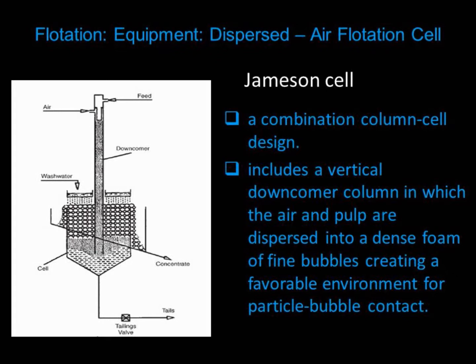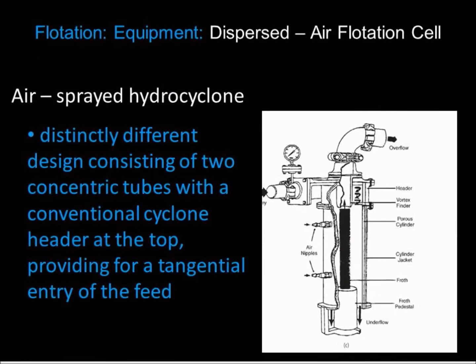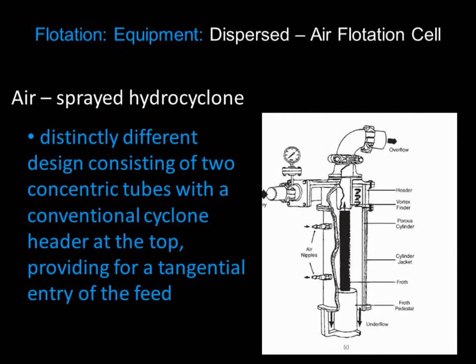Air sparge hydrocyclone is a distinctly different design consisting of two concentric tubes with a conventional cyclone header at the top, providing for tangential entry of the feed. As the feed slurry swirls down in the inner porous tube through which air is sparged, collision between centrifugal particles and air bubbles takes place, leading to the recovery of hydrophobic particles.